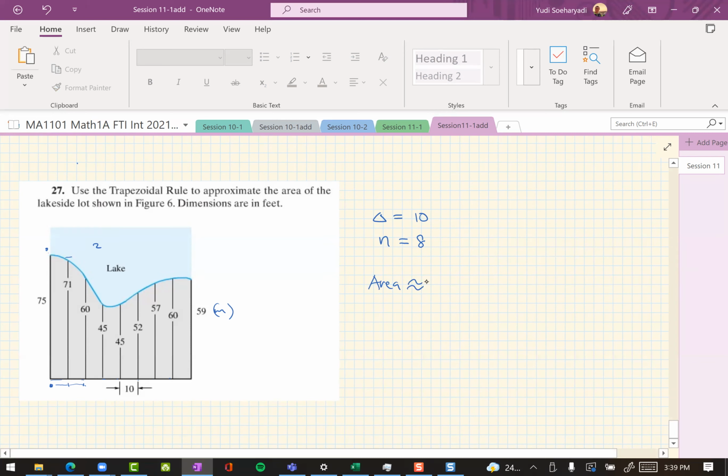So the area here is delta times, and then here you have the rule for the coefficients that I just mentioned: 1, 2, 2, 2, 2, 2, and then the last one is 1 again.